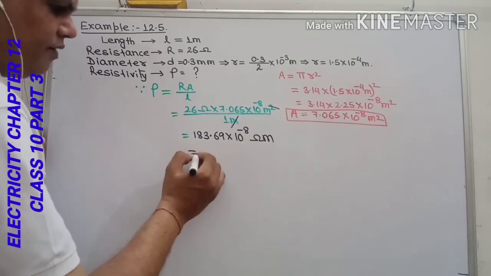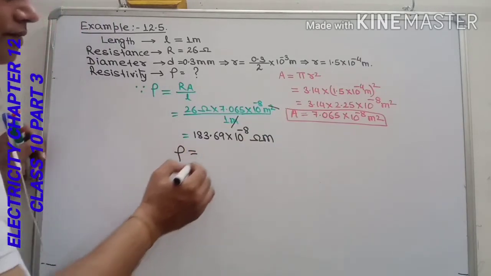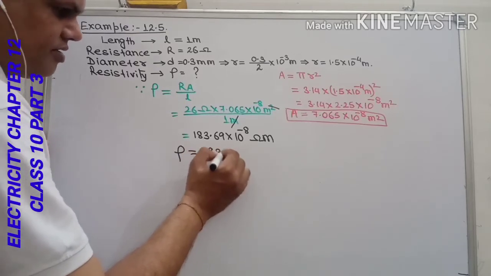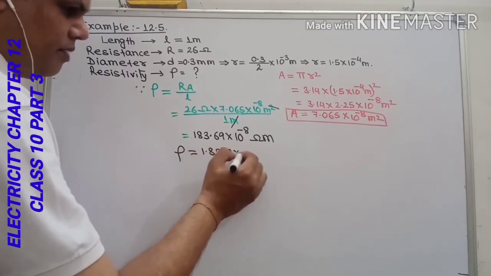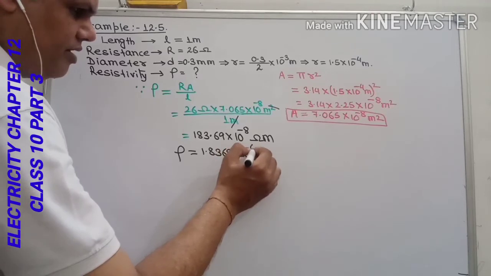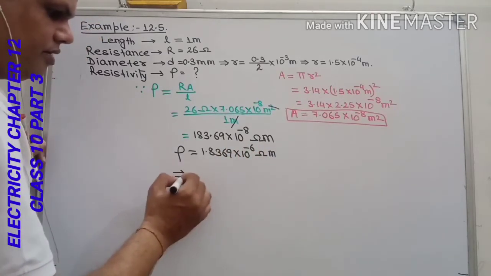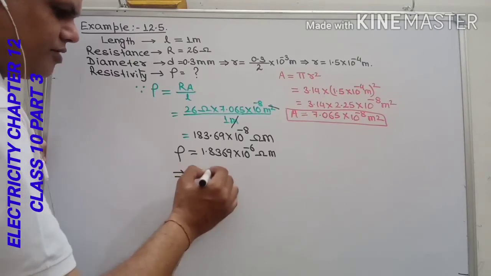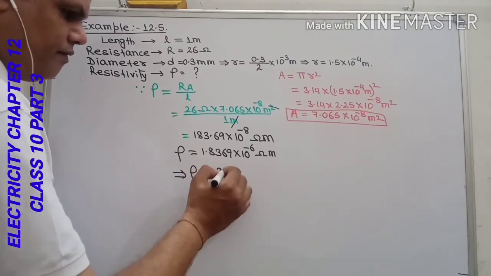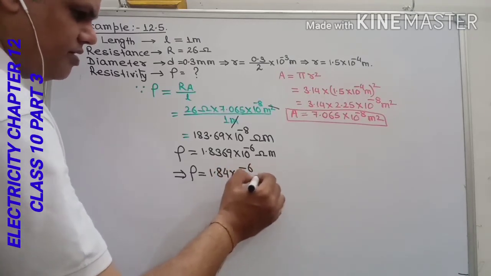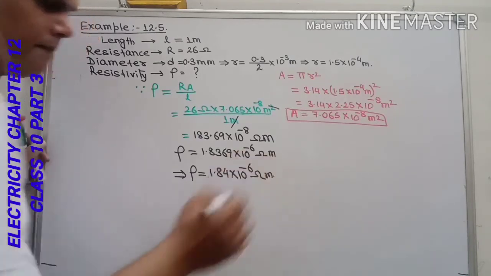So we can find out the resistivity of the conductor will be 1.8369 multiplied by 10 raised to the power minus 6 ohm meter, or if we round it off, then we will get resistivity equals 1.84 multiplied by 10 raised to the power minus 6 ohm meter.